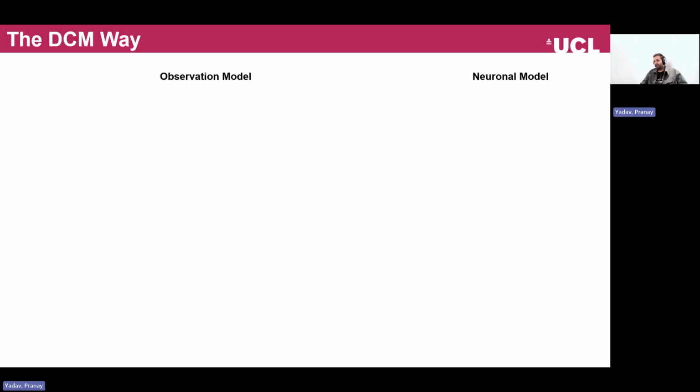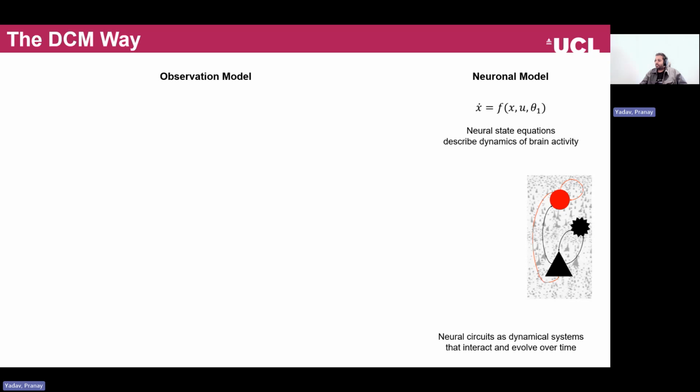The generative model in DCM consists of two pieces. The first is a neuronal model, which consists of neural state equations that describe the dynamics of brain activity. Now, these are essentially coupled differential equations that describe how neural circuits interact and evolve over time.